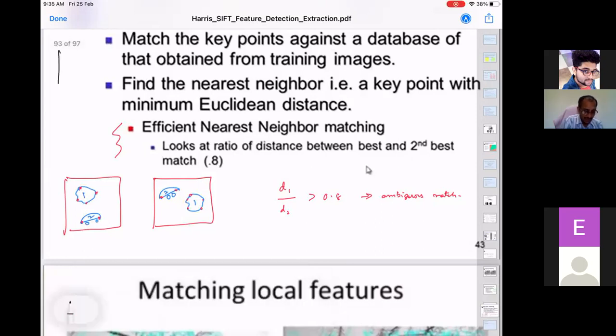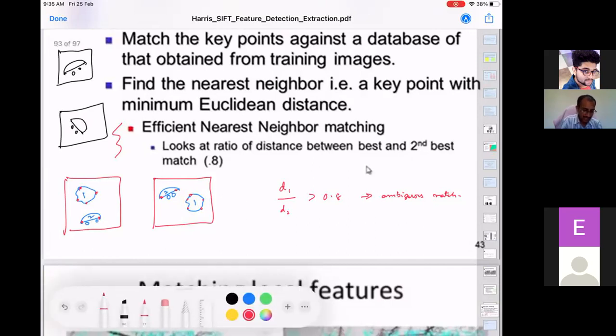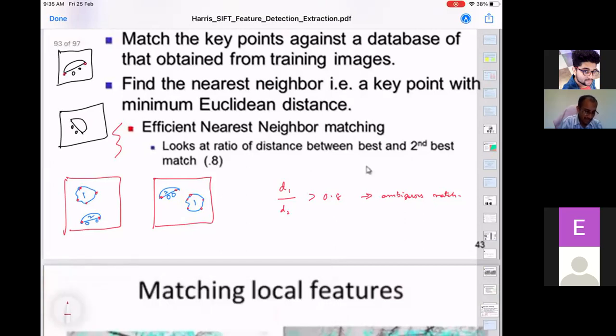Okay, I will rephrase the question in case it is not very clear. Assume that we have a single object now, and I just want to check whether it is there in another image as well, with some rotation, or some shear or whatever. Now what I'm doing is identifying the key points, and I can identify any number of key points.